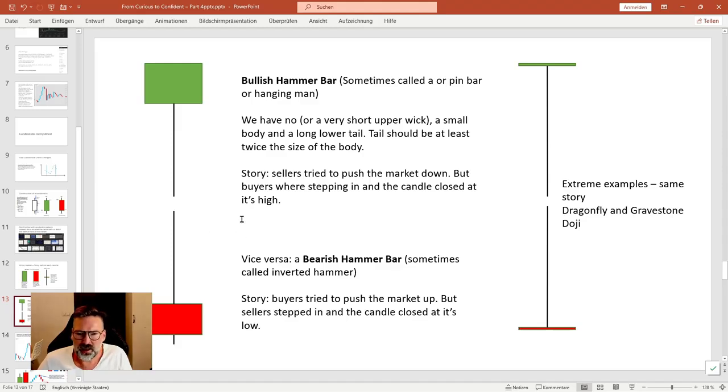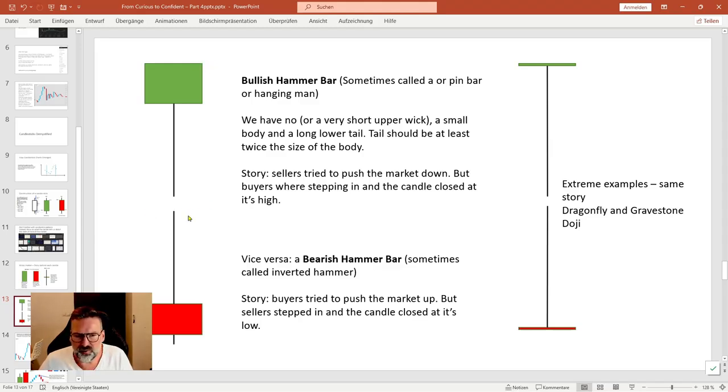Again, in terms of buyers and sellers, in terms of the dance, look at the bullish hammer bar. We have no or very short upper wick, a small body, a long lower tail, and the tail should be at least twice the size of the body. So sellers, what did they try? A bull bar starts here, so they pushed the market all the way down, but then buyers stepped in and pushed it back up and even higher, and we closed at its high.